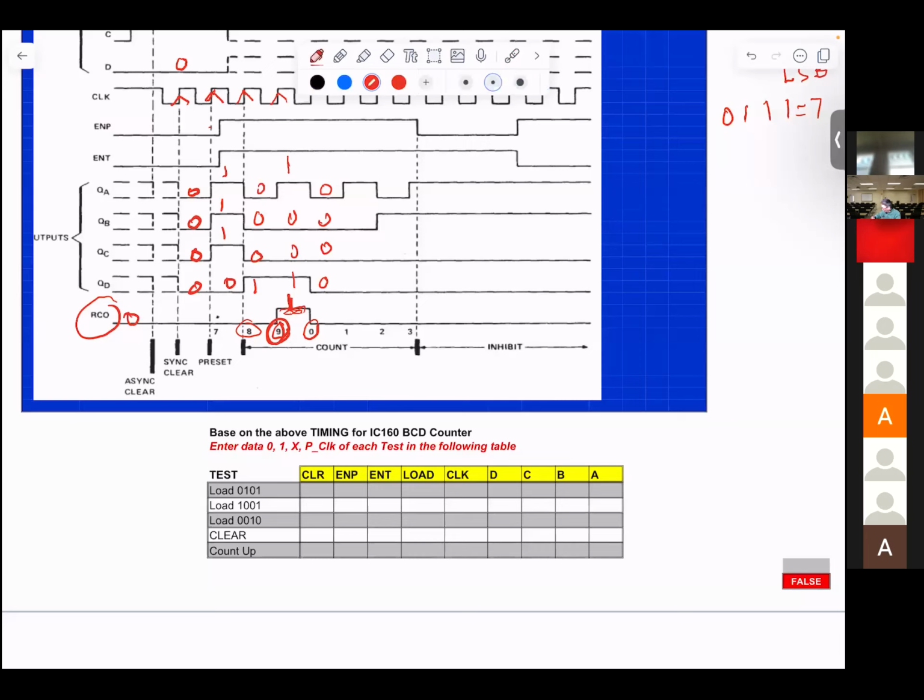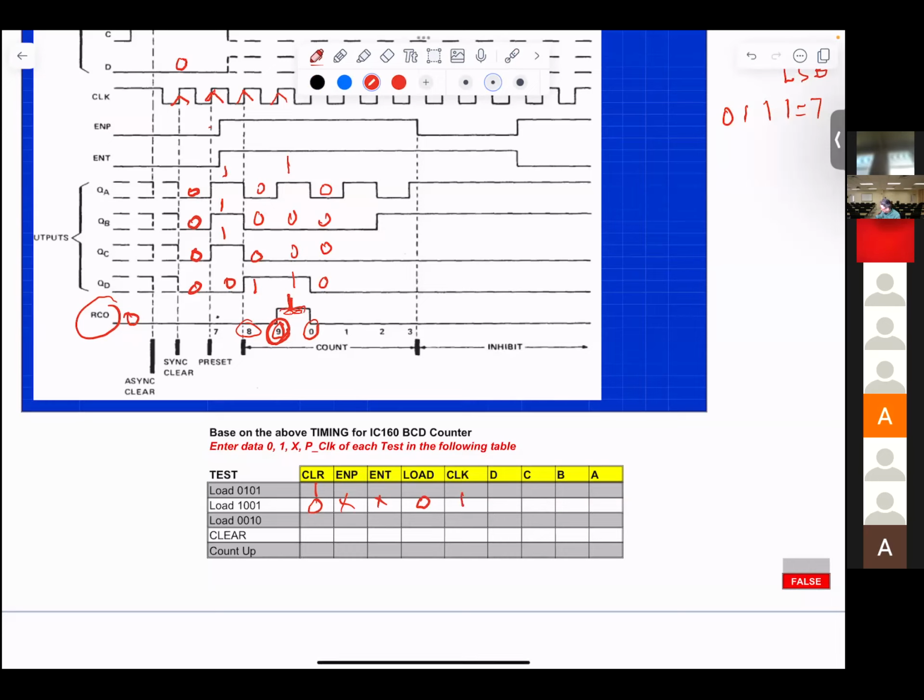If you get the load, then load clear must be 1. Load has to be 0. Okay? And enable, they don't care. Okay, load has to be 0, and the clear must be 1.